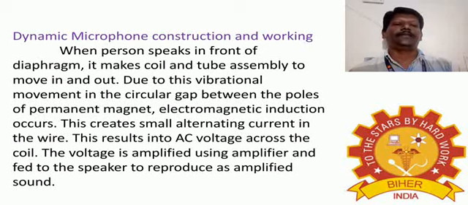This creates small alternating current in the wire. This results into AC voltage across the coil. The voltage is amplified using amplifier and fed to the speaker to reproduce as amplified sound.